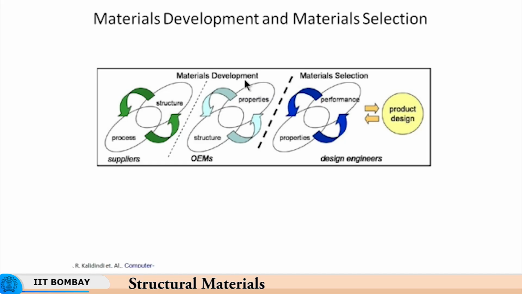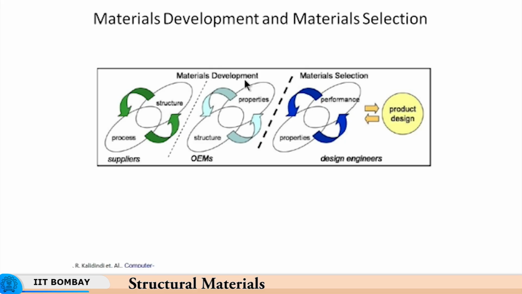Usually what happens is when you select a material, you start with performance and then you go backwards to the properties, to structure and the corresponding process that will help you to develop that material. So, usually we start with the design part of it. So, when you have product design, then you have material selection for the product. In fact, many times material selection takes place first.